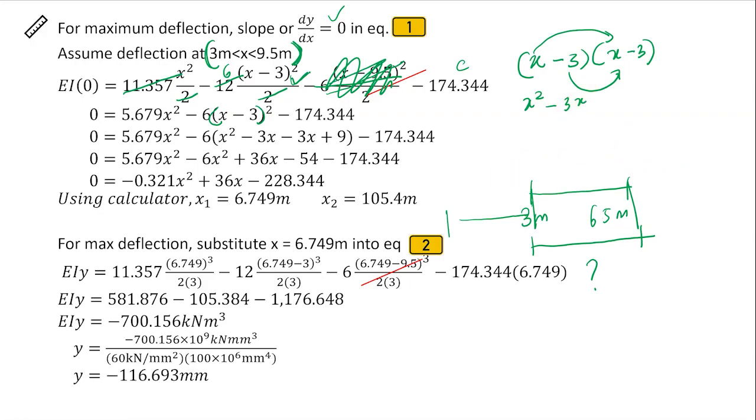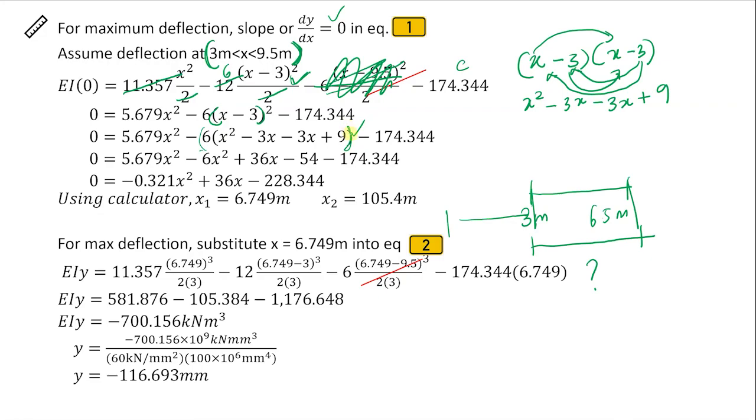And then negatif 3 darab X ni juga negatif 3X. And negatif 3 darab negatif 3 tambah 9. Okay. Jadi inilah dia. Right. And then kita darab 6 ni dengan semua value dalam kurungan tu lah. Okay. So ini you darab lah.